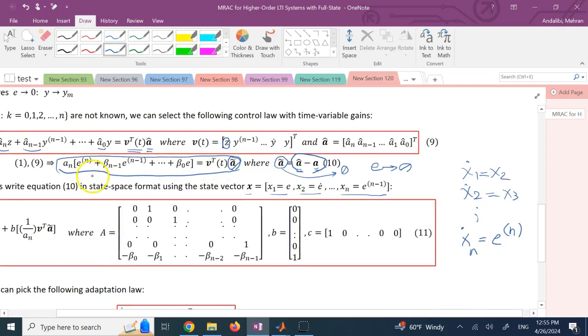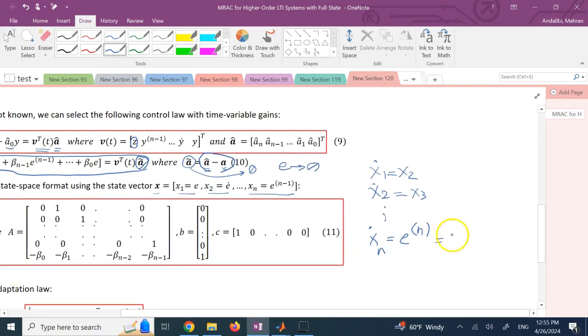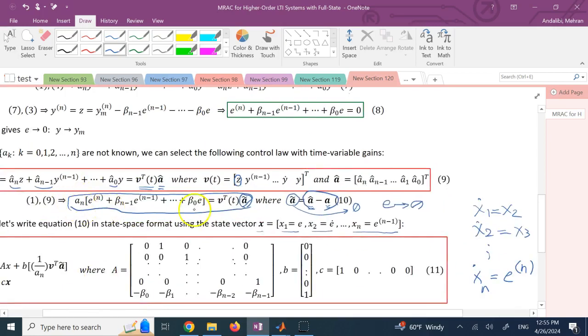Now this is what, if you look here, that is clearly equal to the right-hand side, which is v transpose a tilde divided by an, right? So you divide both sides by an, and then because you only want this, you have to take all of these other terms to the other side too.